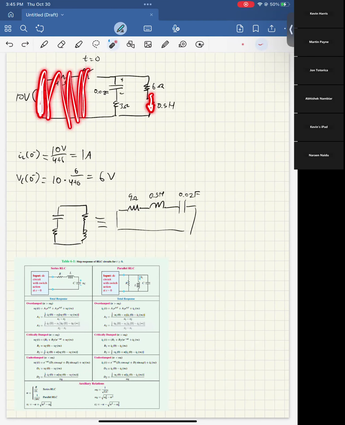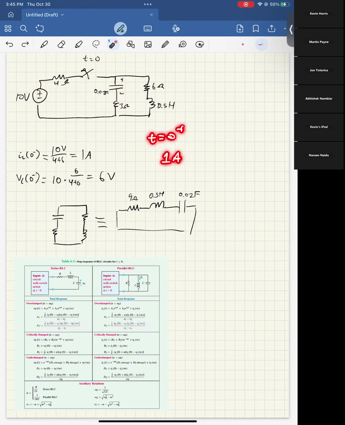We know that IL of 0 is going to be 1 amp because we found that here and it can't change. If we have 1 amp flowing there, then after this switch moves and the capacitor is disconnected from the rest of the circuit, we're still going to have 1 amp flowing around in this circle, right? So that means the capacitor at time equals 0 plus will have 1 amp flowing through it.